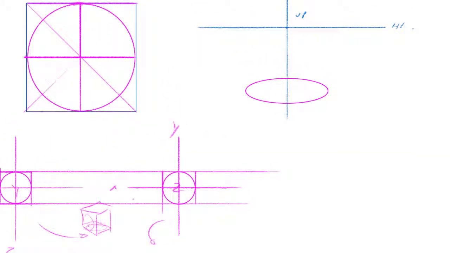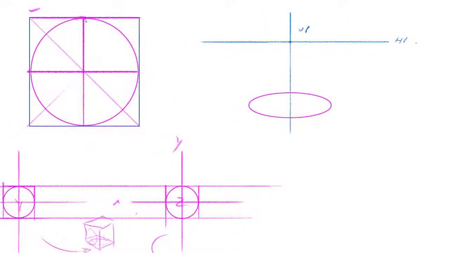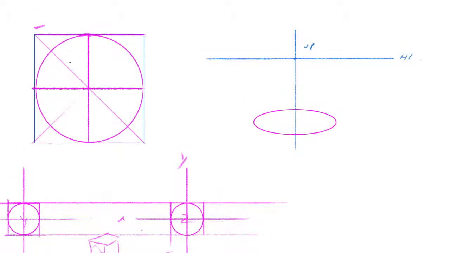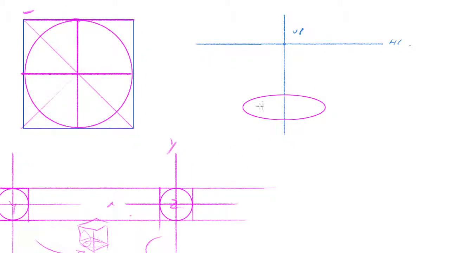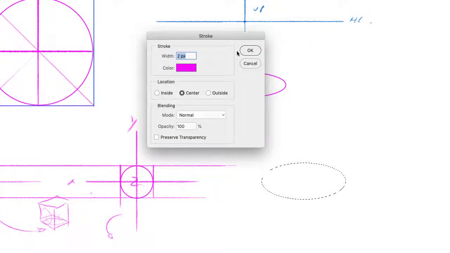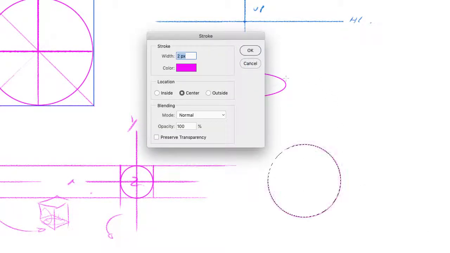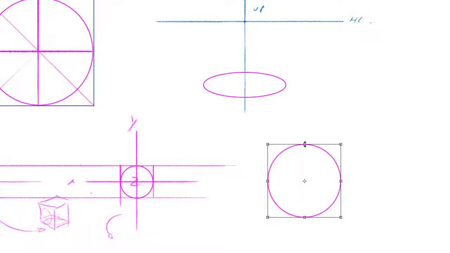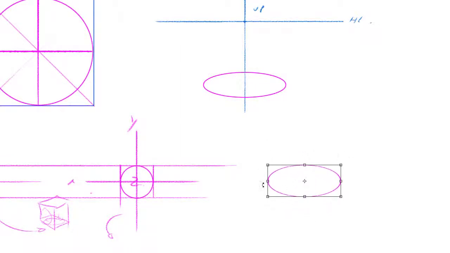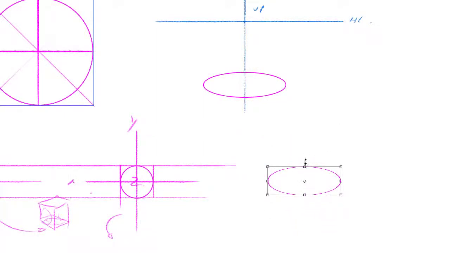Okay, so I'm going to show you something important right now, and it's these two axes. At this moment I can't do anything with these axes because they're both the same. But as soon as I take a circle, I need to stroke this, and as soon as I squash this, you can see that this axis stays the same and one of the axes gets smaller, right?